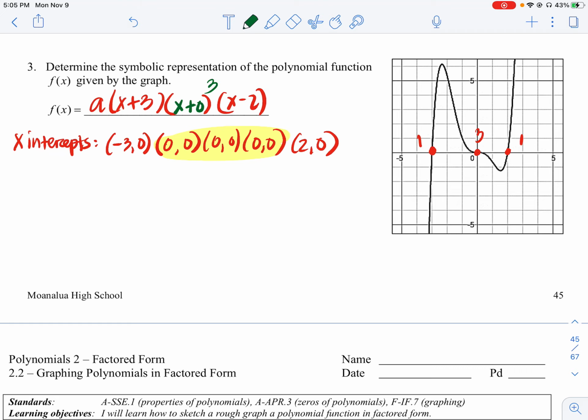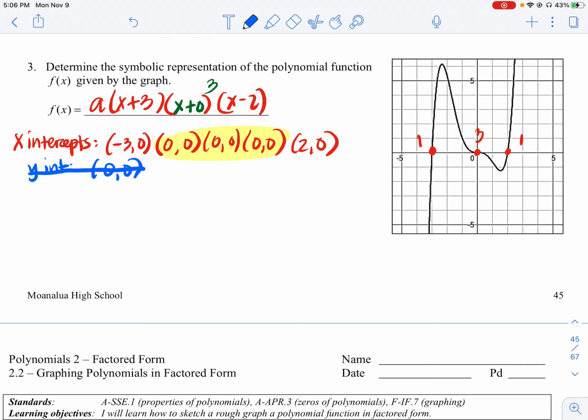Okay, here is our big problem. Our y-intercept in here is 0 comma 0. So your y-intercept and your x-intercept are the same. And because they are the same, you are not allowed to use the y-intercept to plug into your equation, because you've already used 0 comma 0 as your x-intercept.